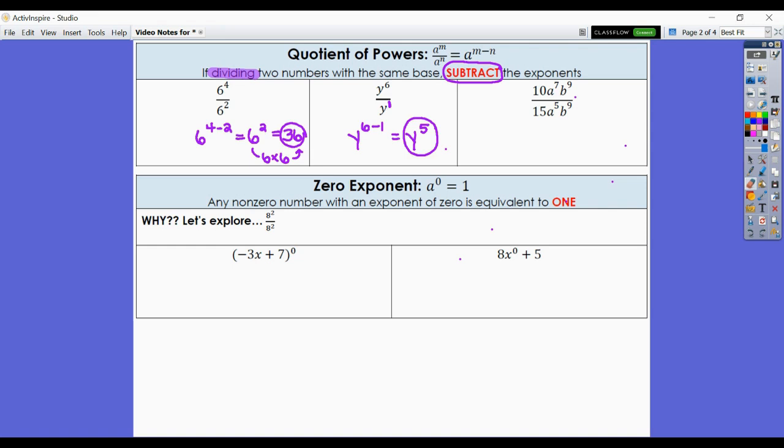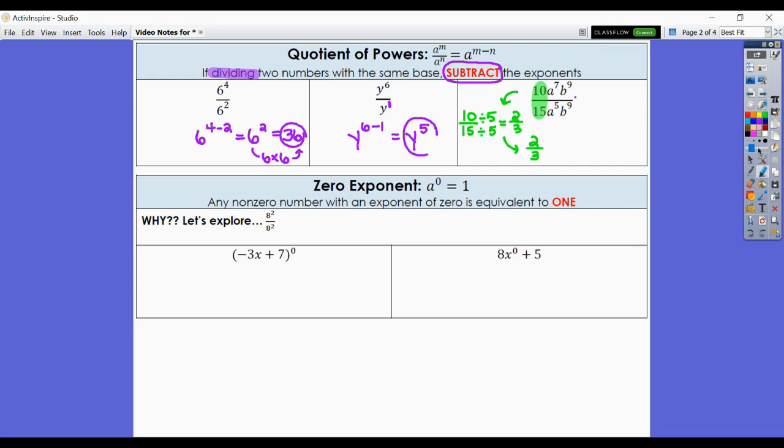Last example, we want to break it all up with the same bases and numbers here. I just have 10 over 15, no exponent, they're just numbers. So that's going to be a fraction like what I've dealt with before. Both top and bottom are divisible by 5, so I go ahead and divide each by 5 to get 2/3 as my simplified fraction.